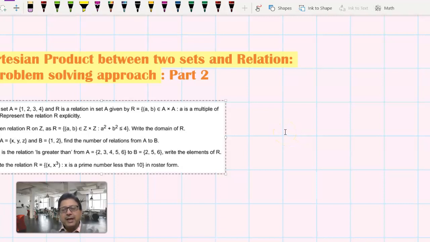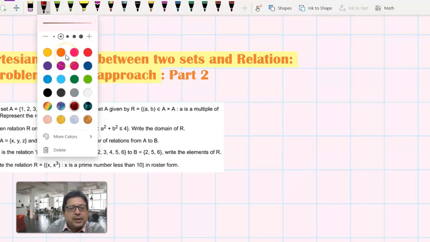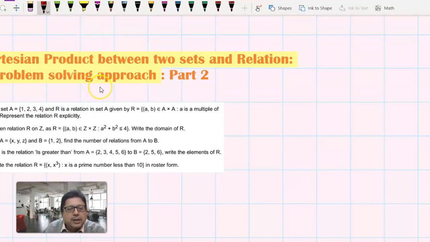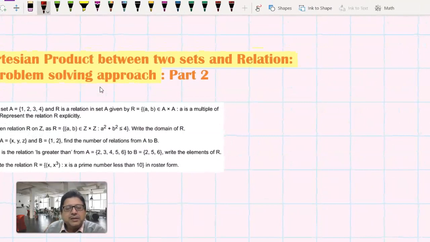So for number 19, in sum number 19, you all can see that there is a set A given, R is the relation such that (a, b) belongs to A cross A and a is multiple of b. a means the first element.